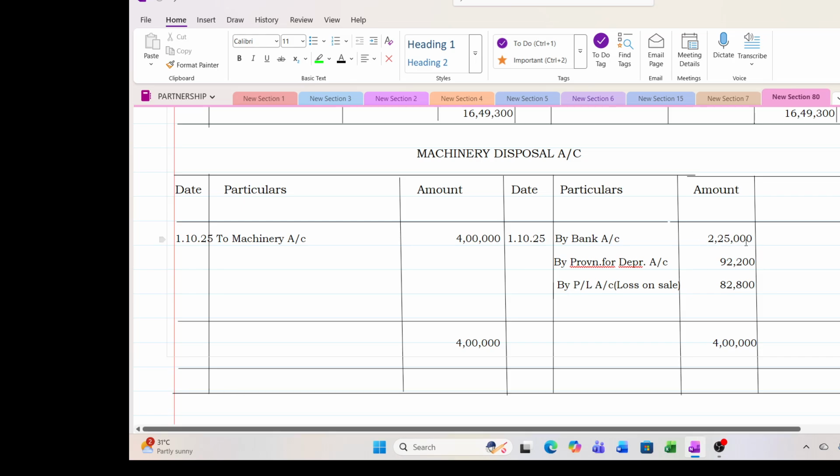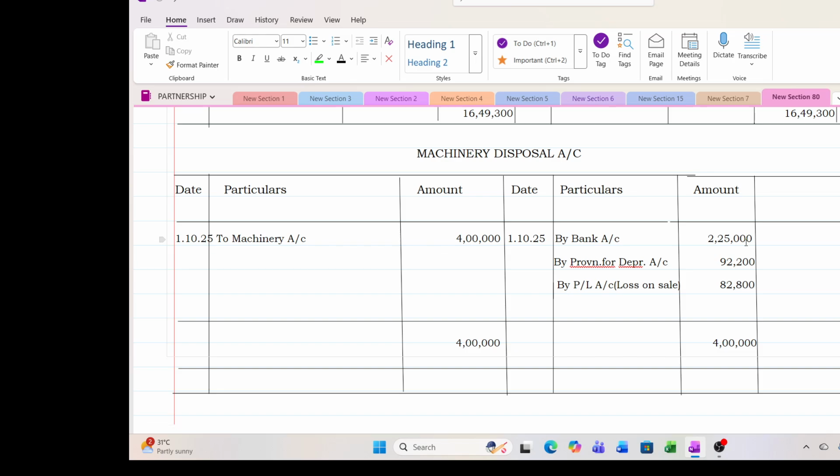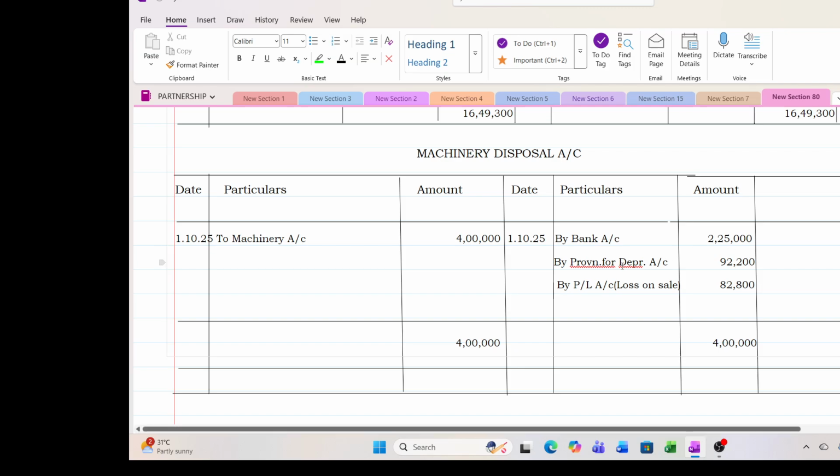As I have already told you, the bank account will get debited because it is a receipt. And this account will get credited. Provision for depreciation we have transferred from the depreciation account. So the total comes less. So there is a loss on sale of this particular machinery that will go to the debit side of the profit and loss account. The total will come here. Here the machinery disposal account gets closed.